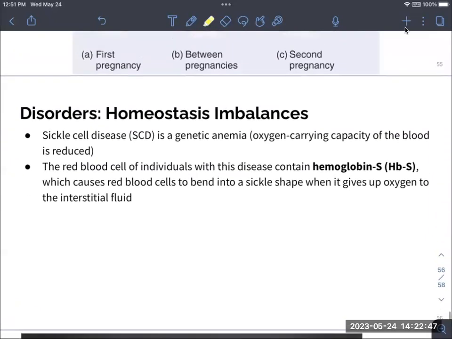So let's look at some of these different diseases that can happen in the blood. Sickle cell disease. It's genetic. It's a form of anemia. Anemia is where we're not carrying enough oxygen. Somebody who has sickle cell disease has what is known as hemoglobin S, which is that protein that carries oxygen. The S stands for sickle shape. So what happens if they're not getting enough oxygen into their system?